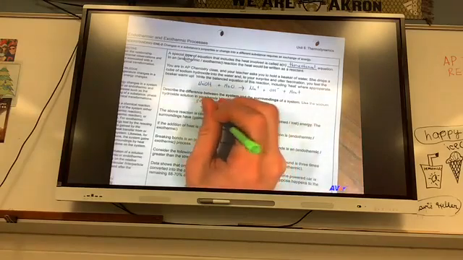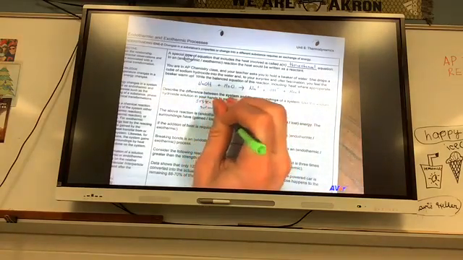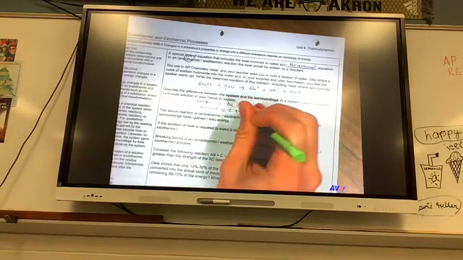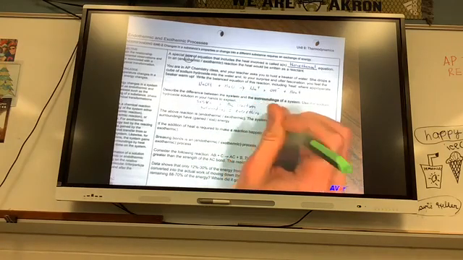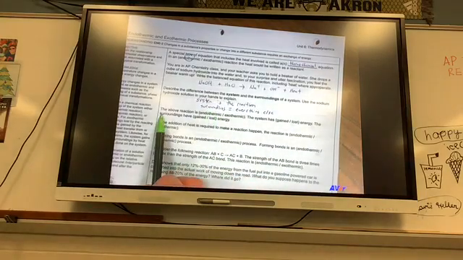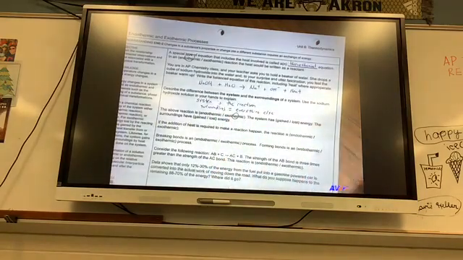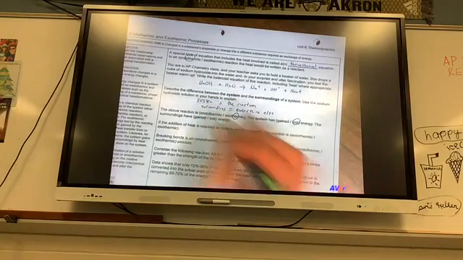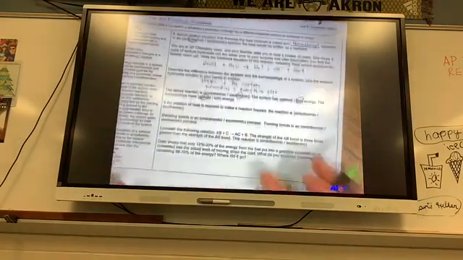Surroundings is everything else. So that could be the beaker, your hand. And usually the system does work on the surroundings. The above reaction is endothermic or exothermic. It's exothermic because the system has lost energy. The surroundings have gained energy.